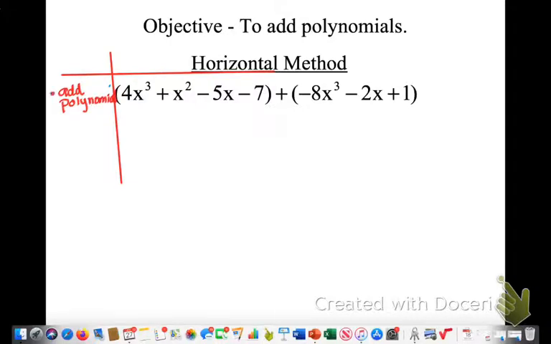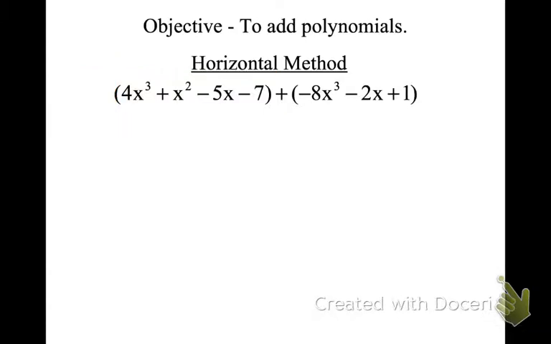Now, you're going to write down the problem: 4x to the third, and I would say the quantity, plus x squared, minus 5x, minus 7, close parenthesis, plus the quantity of negative x to the third, minus 2x, plus 1. And you're going to do the work right there.